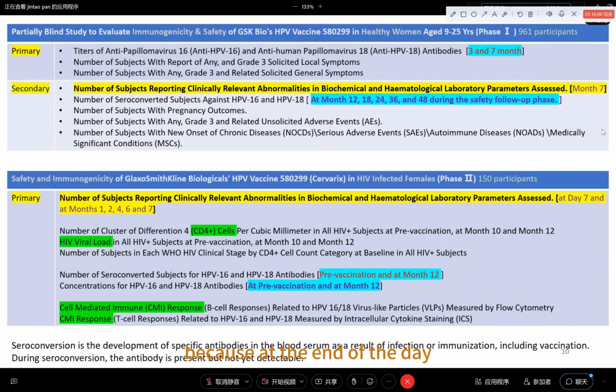Because at the end of the day, you still need safety to come in first before you look at efficacy. There's no point if a treatment or therapy is efficacious but not safe. But sometimes, even if there are safety issues, there's always a balance. For example, treatment A would help 100.